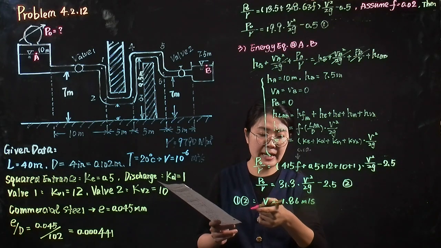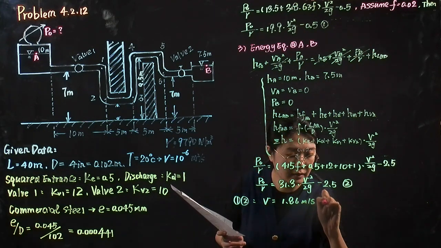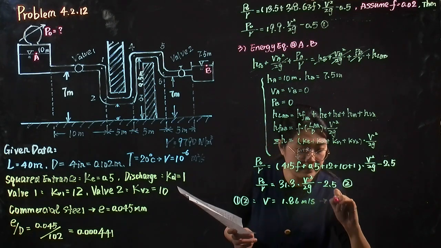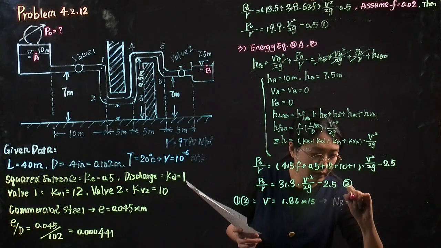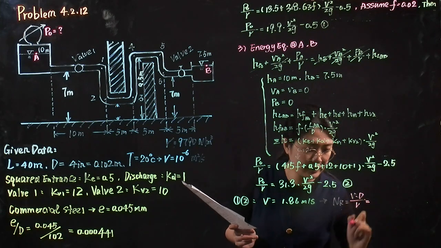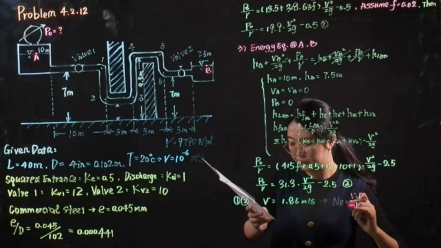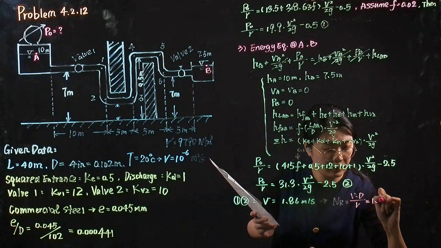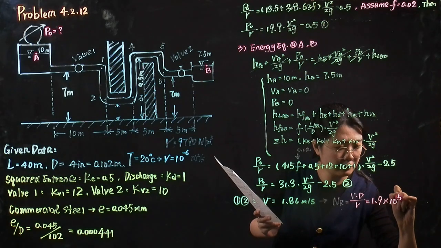Then we can test our assumption by calculating the Reynolds number. It equals velocity times diameter over kinematic viscosity, which equals 1.9 times 10 to the power of 5.